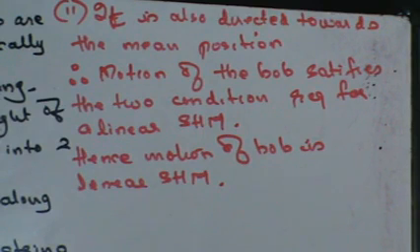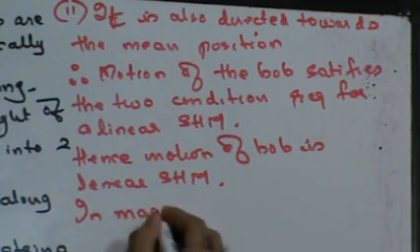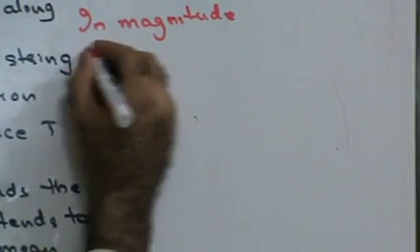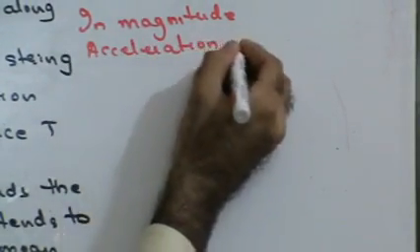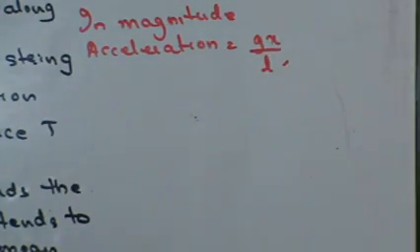Right? Now, in that case, I can say that in magnitude, acceleration is going to be nothing but gx upon L. That negative sign was indicating that acceleration and displacement are in opposite direction.